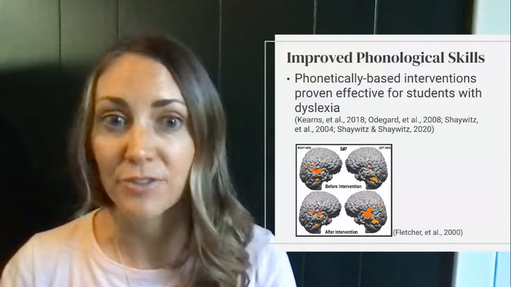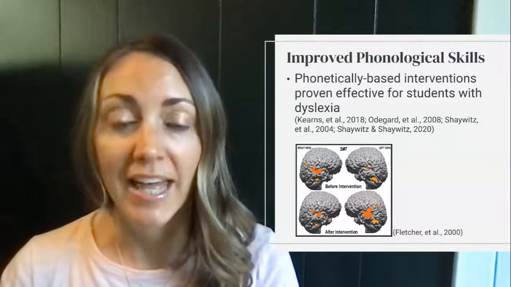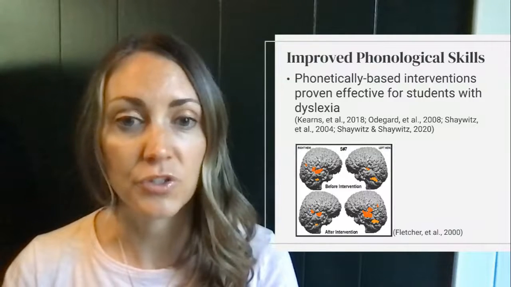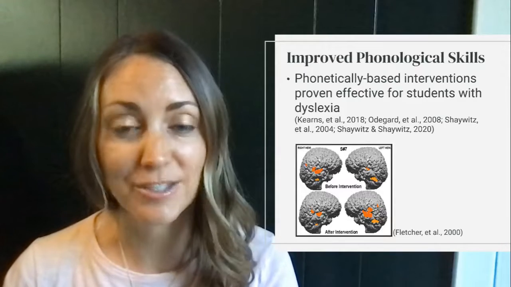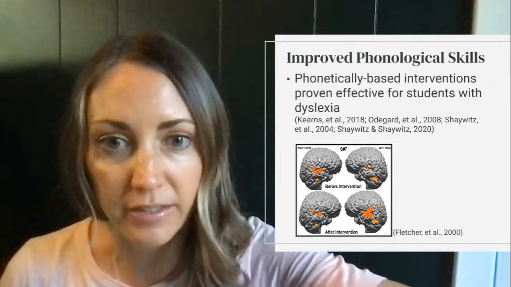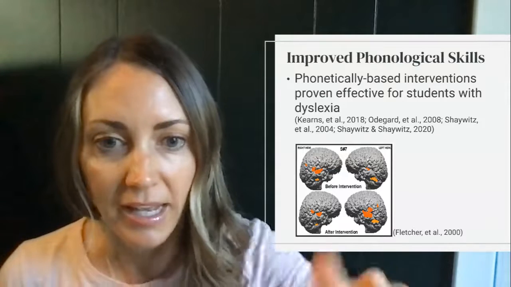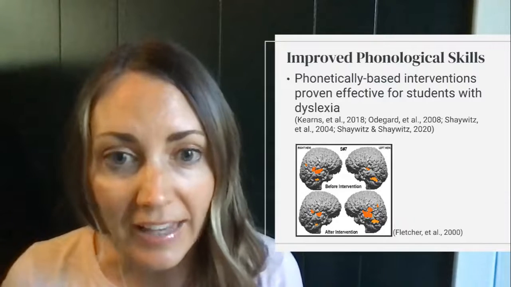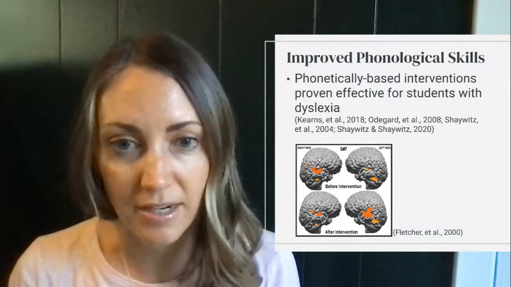Study after study after study has shown that phonetically based interventions have proven to be effective for students with dyslexia. What you will see in this image right here is, on this side, the right hemisphere, and over on this other side, the left hemisphere. And this is a person who has dyslexia.